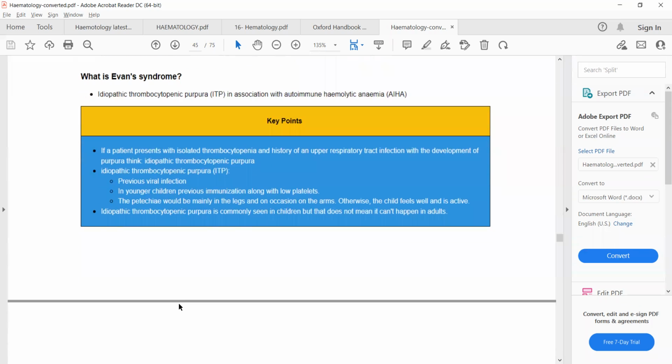So isolated means that among all the other investigations, only the platelets will be low. All the other investigations like prothrombin time, partial thromboplastin time, fibrinogen, hemoglobin and WBC, they all will be normal. Only there will be thrombocytopenia on complete blood picture.